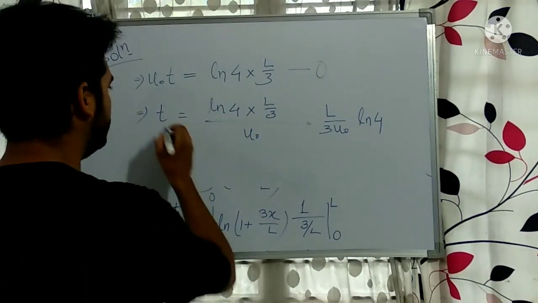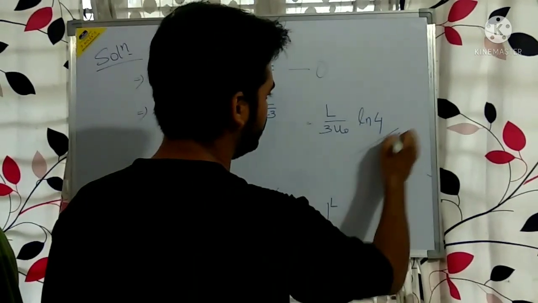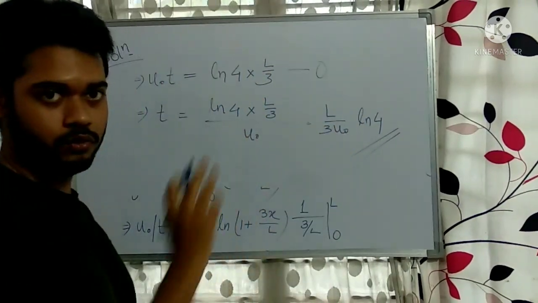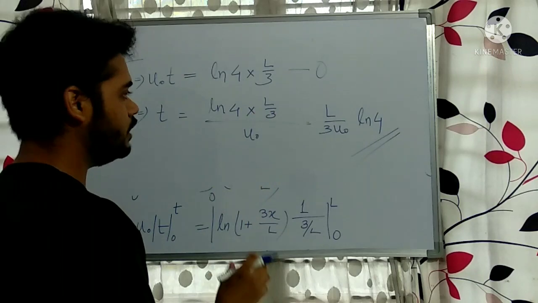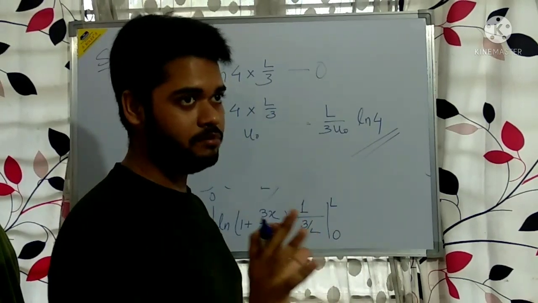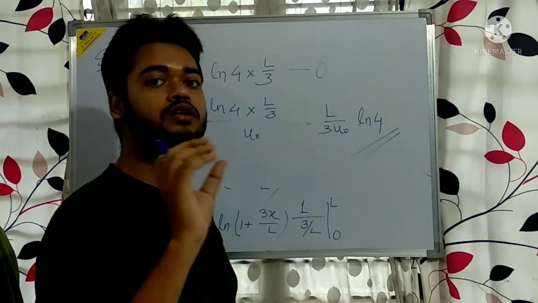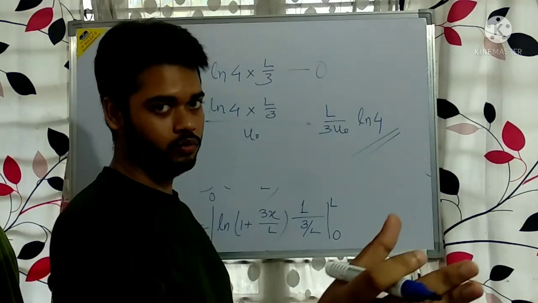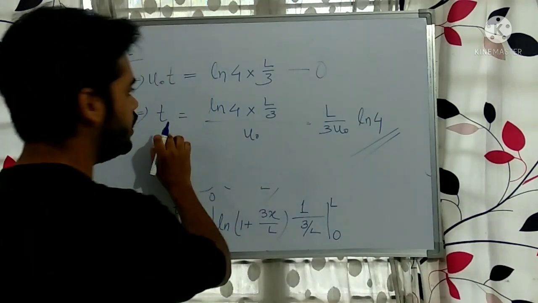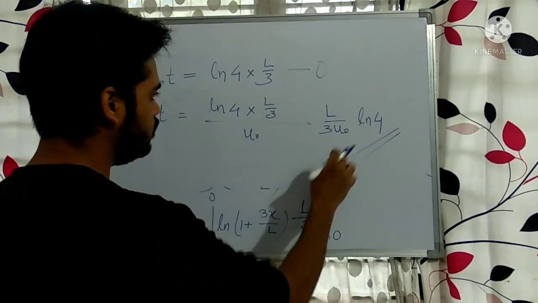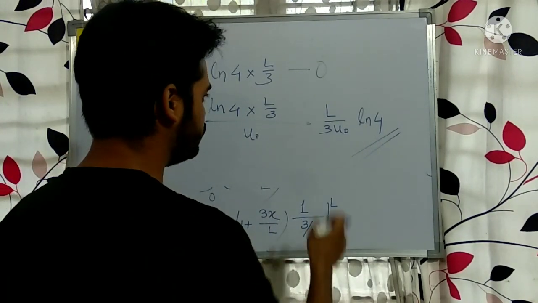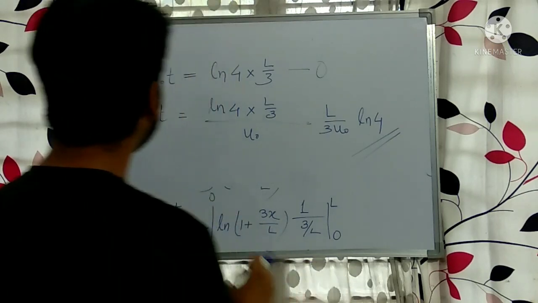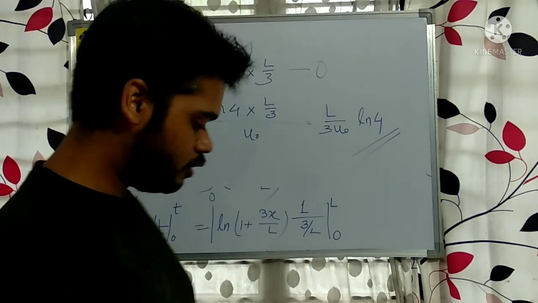So the time value will be L by 3 U naught, ln 4. We are asked what is the total time that a fluid particle is going to take to move from 0 to L, right? So this is the value of time. So I think option C will be correct.